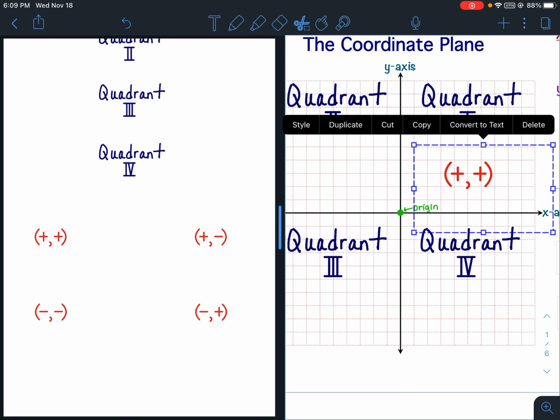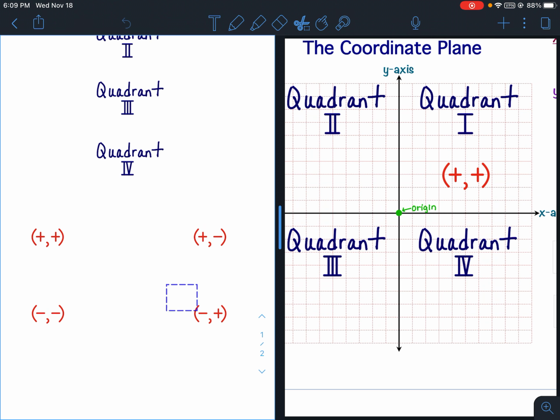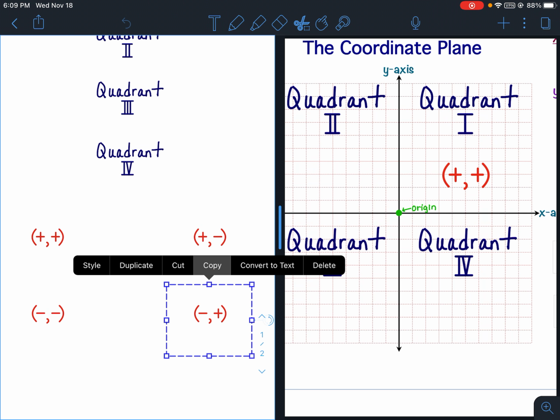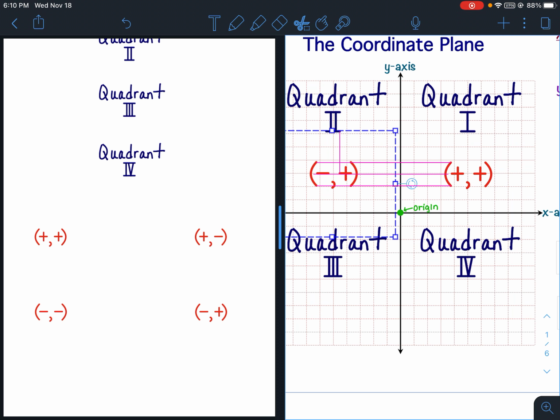So in quadrant 1, the ordered pairs are both positive numbers. For quadrant 2, because we're moving to the left first, that means we go negative. So quadrant 2, the x-coordinate is negative, but the y-coordinate, because we move up, is positive.